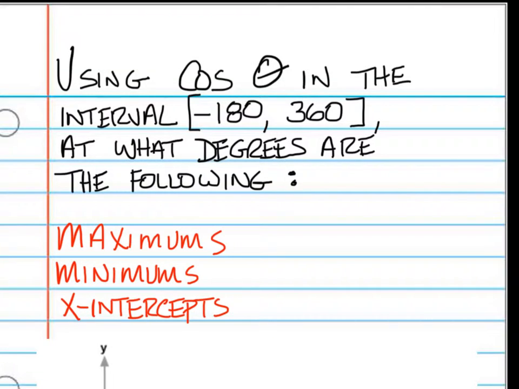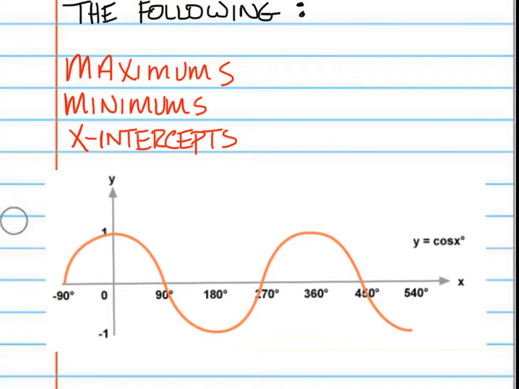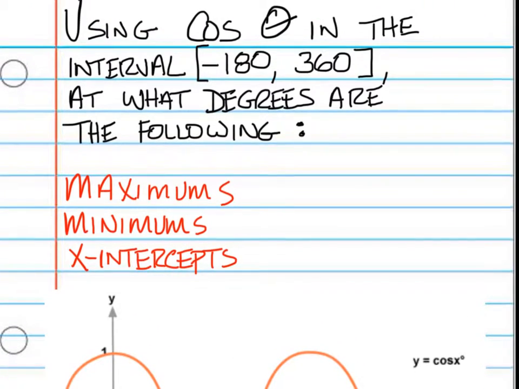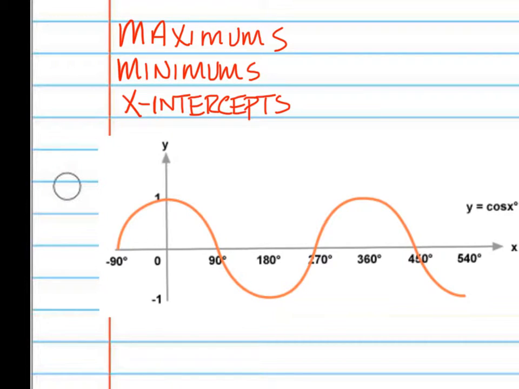Lesson 8. Using cosine theta in the interval negative 180 to 360, at what degrees are the following? And you would have to draw your own cosine graph, and I'm giving you graph paper to do that, so you must remember the important points of the sine and cosine graph. If you do, it will be easy. If you do remember them, you can quickly sketch this here at the bottom, cosine x. And remember that it says to go from negative 180 to 360, so on my graph I would have to extend this out back to here to negative 180 and chop it off here at this point.